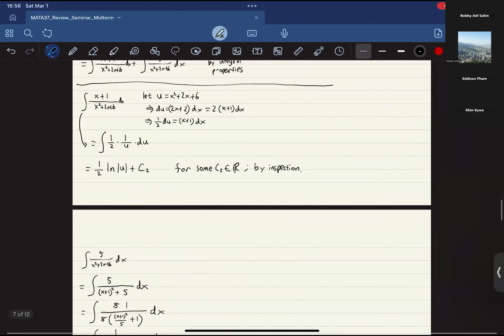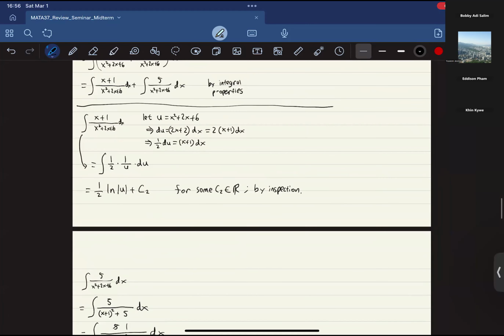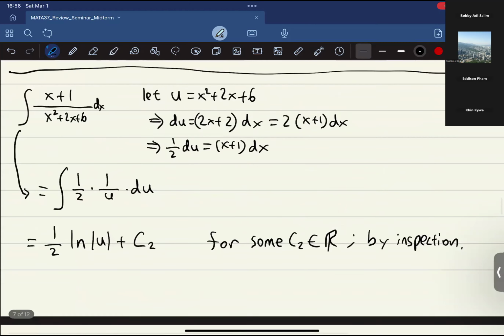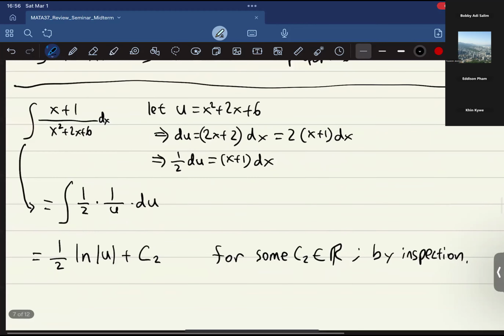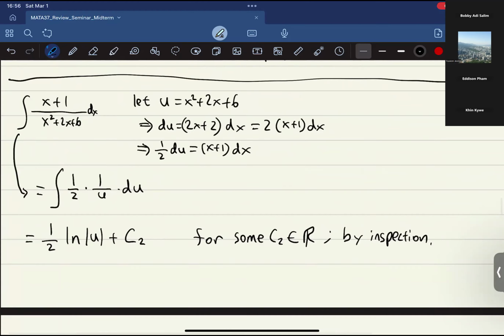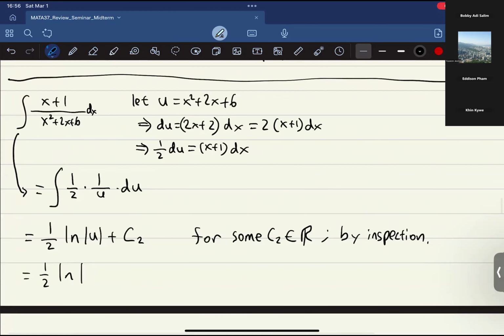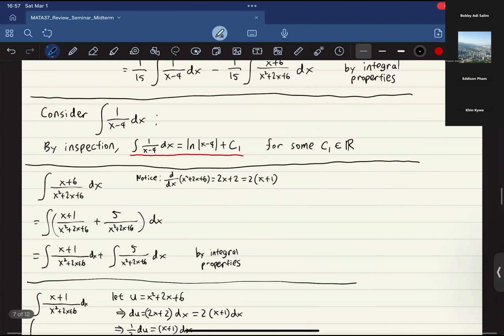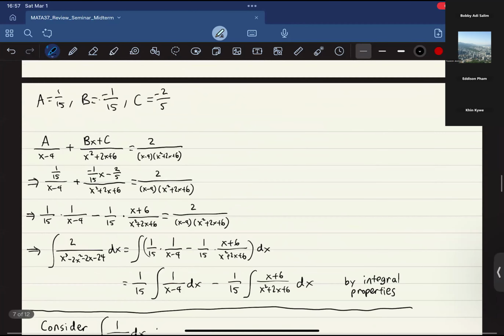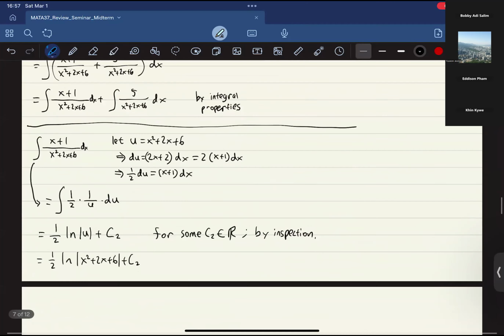Oops, here I forgot to put the u back in. Well, okay. You can just put x squared plus 2x plus 6 here. And I think we're done with all of the smaller integrals. Any questions so far?